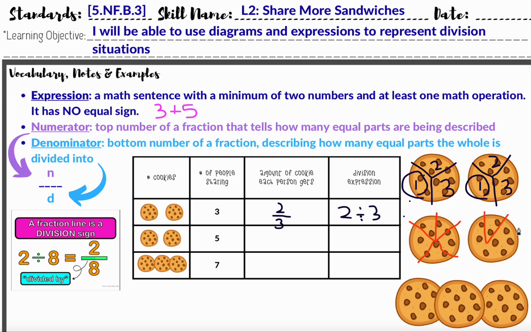And again, I can number them. This is person 1, person 2, person 3, 4, and 5.